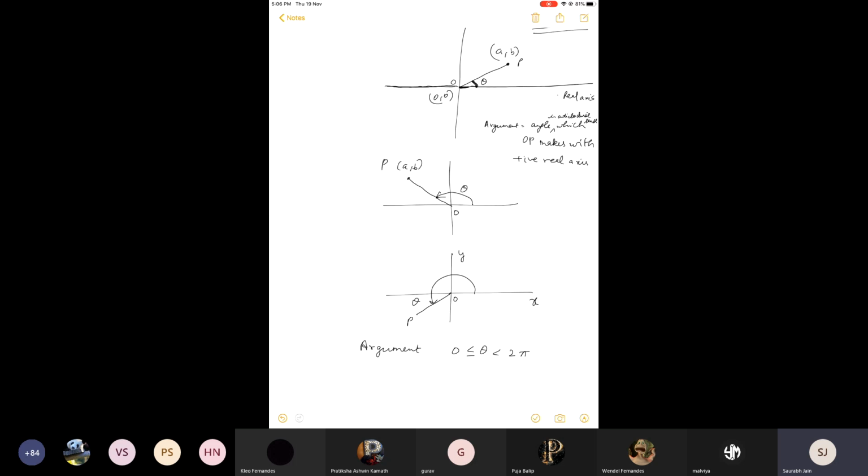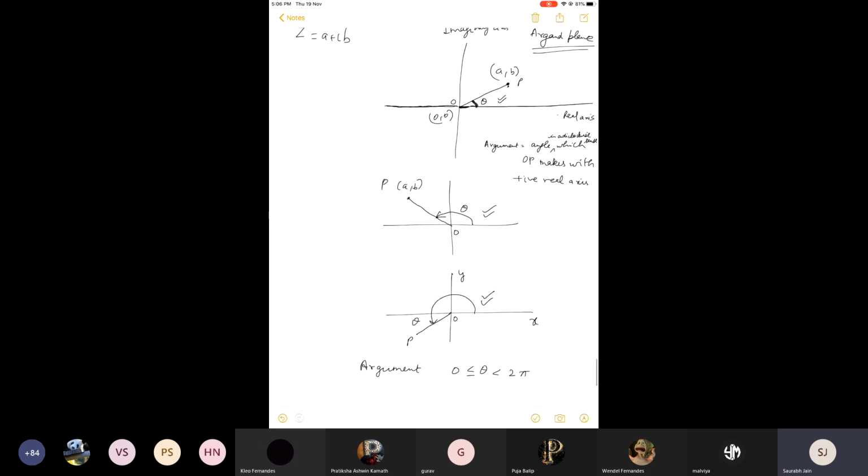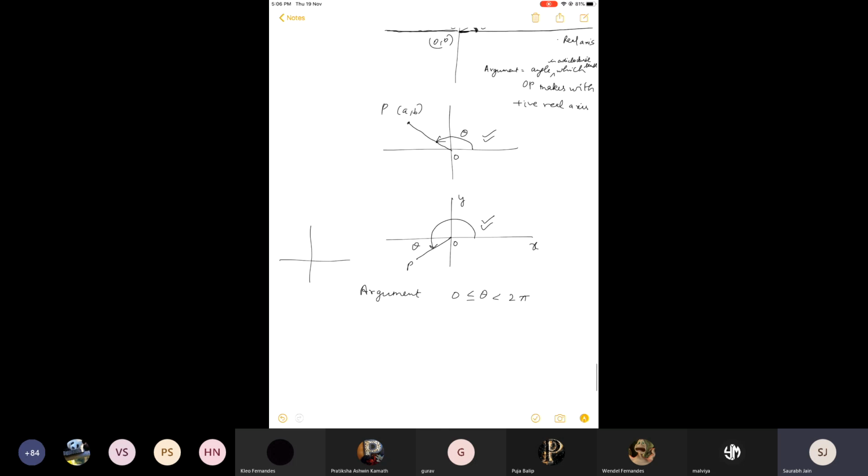Depending on the position when you join, either you will get an acute angle like in the first diagram, or an obtuse angle greater than 90 degrees, or an angle greater than 180 but less than 270, or an angle greater than 270 and less than 360. That is why they say that argument can vary from 0 to 2 pi.